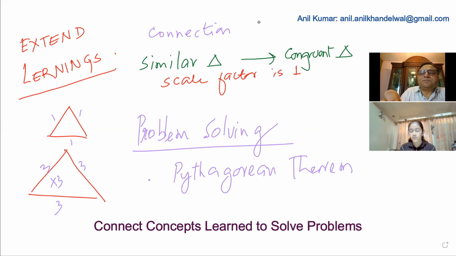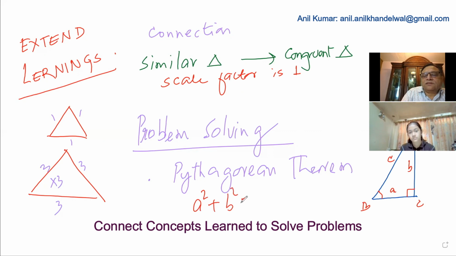It concerns the longest segment, the hypotenuse, in a 90-degree right angle triangle. If my sides are A, B, C, then A square plus B square is equal to C square.